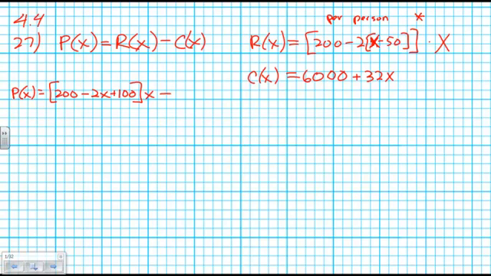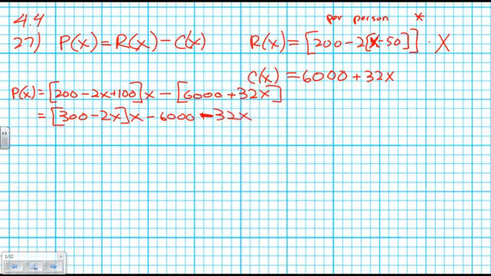And then let's subtract off our costs: 6,000 plus 32x. So revenue minus costs. I think we can clean this up just a little bit more. (300 minus 2x) times x minus 6,000 and minus 32x.